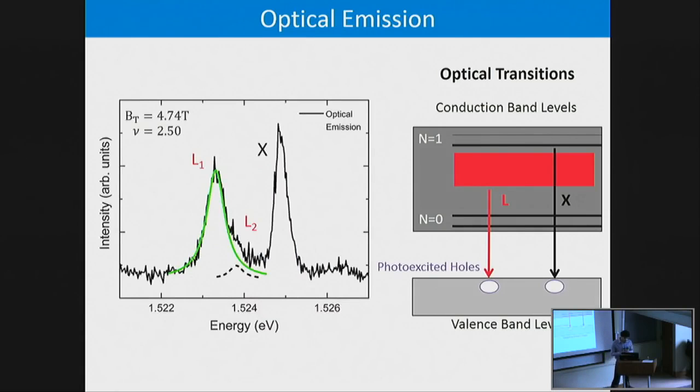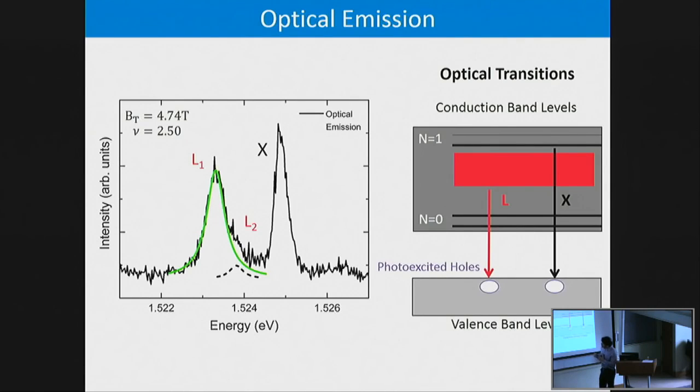Here's a closer look near 5/2. We're going to see clear examples of this, but these L peaks always appear to consist of multiple peaks whose intensities and relative intensities change significantly with magnetic field.